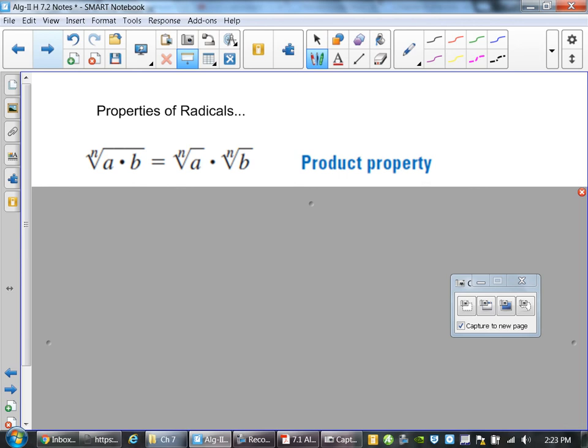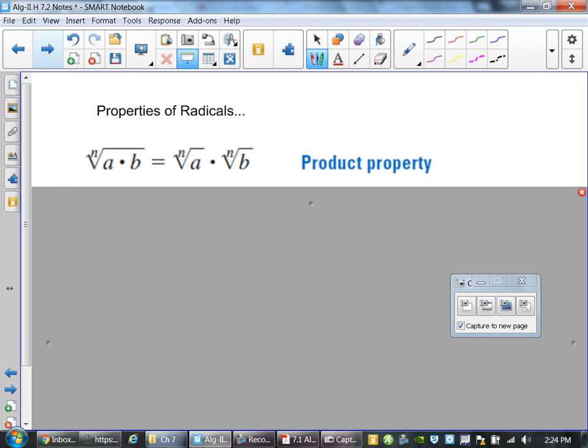For example, how did you guys simplify the square root of 8? It was equal to 2 root 2, but what you were able to do is split this up into 2 different square roots.